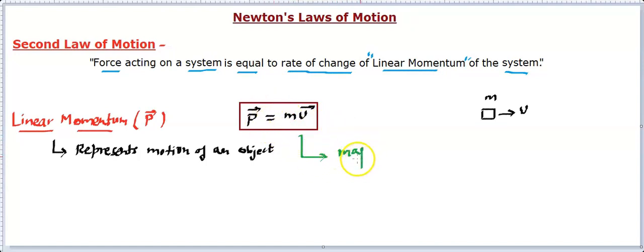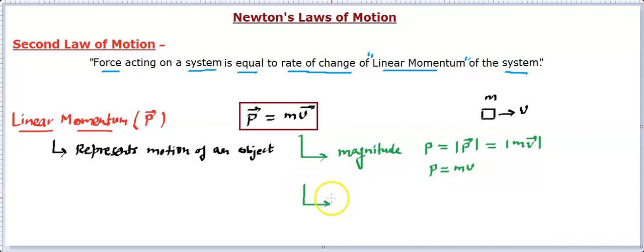The magnitude is |p| = |m v vector|, which in short is p = m v, always positive, where v is a magnitude, so you take a positive value.